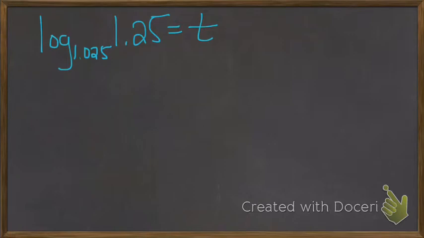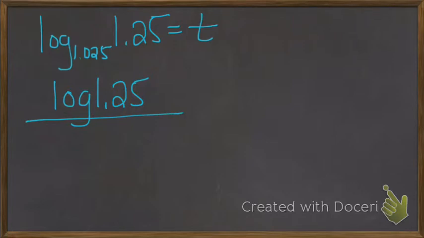So we're going to use our change of base formula, which states that we take the log of the big number using base 10, log of 1.25 divided by the log of 1.025 equals t. Now again, this is easy to solve on your calculator because we've used the change of base formula to express these logarithms in terms of base 10.